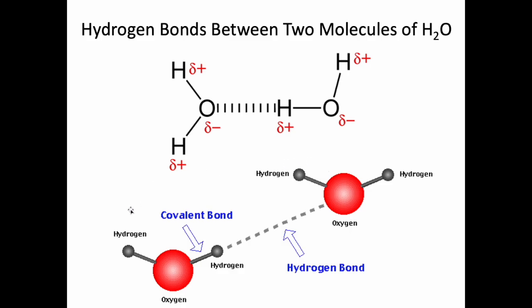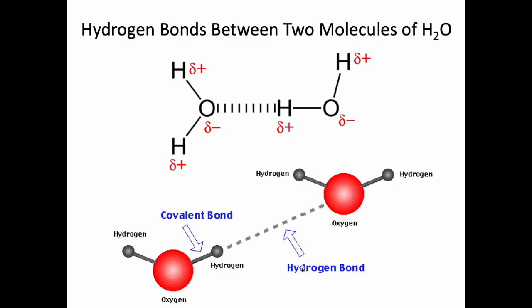And I like this figure as well. It doesn't show the O's and the H's quite so clearly, but this is showing that this right here, between this oxygen and this hydrogen, is a covalent bond. This is a covalent bond. Covalent bonds hold these molecules together.